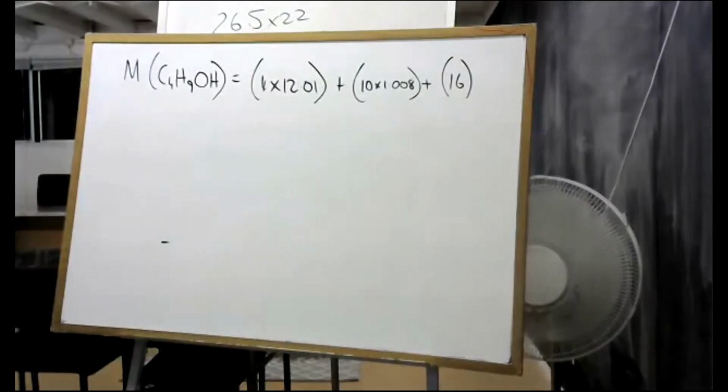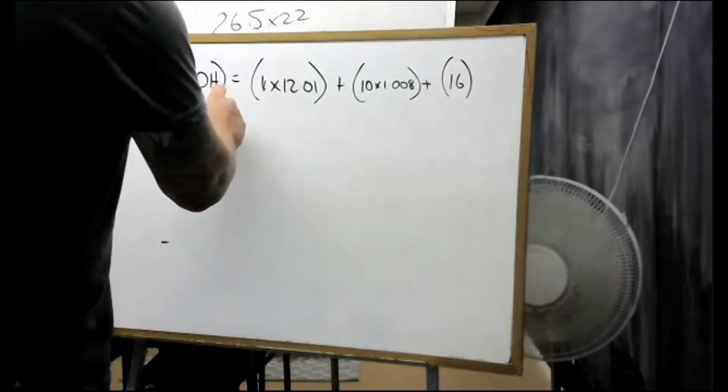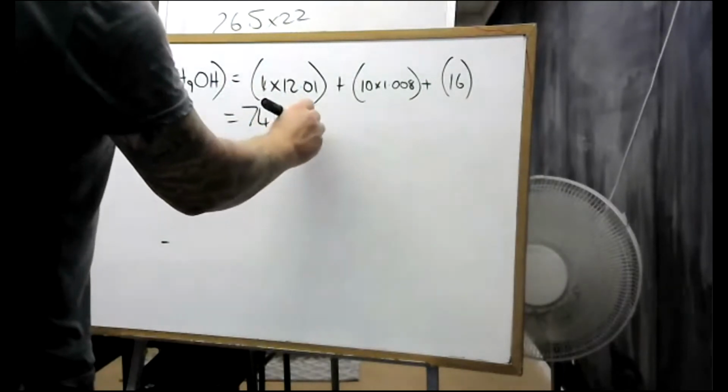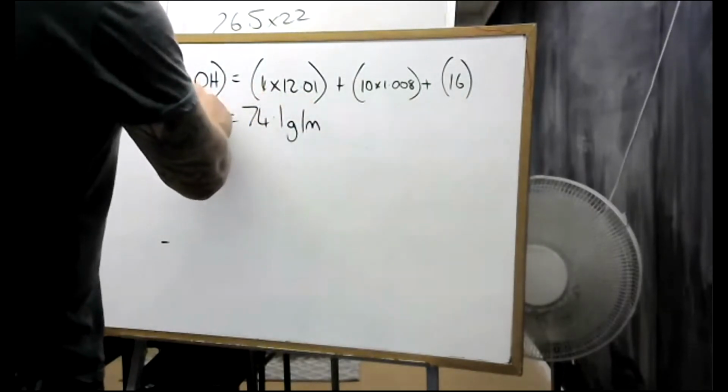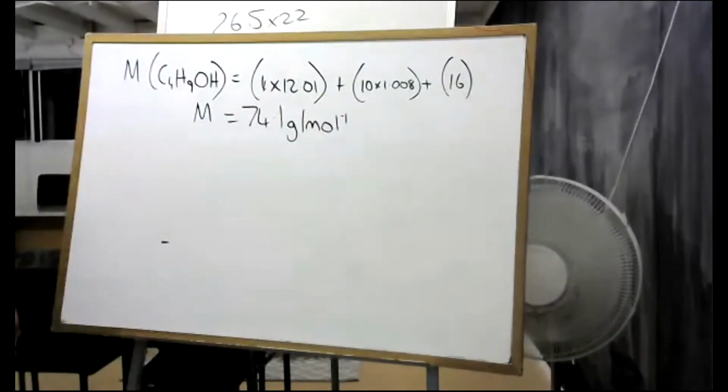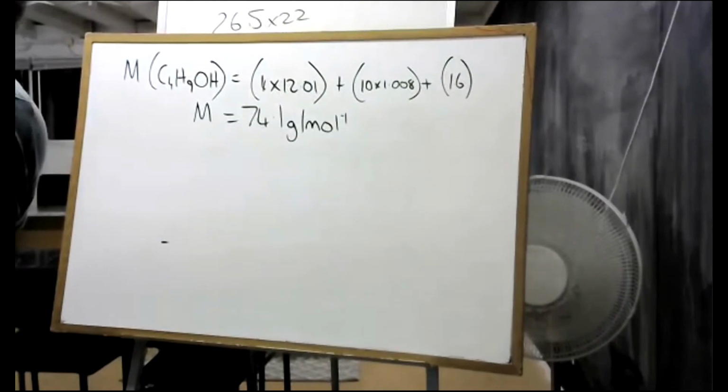So the molar mass is 74.1, if my calculations are correct. Molar mass, grams per mole. How many grams did we produce?